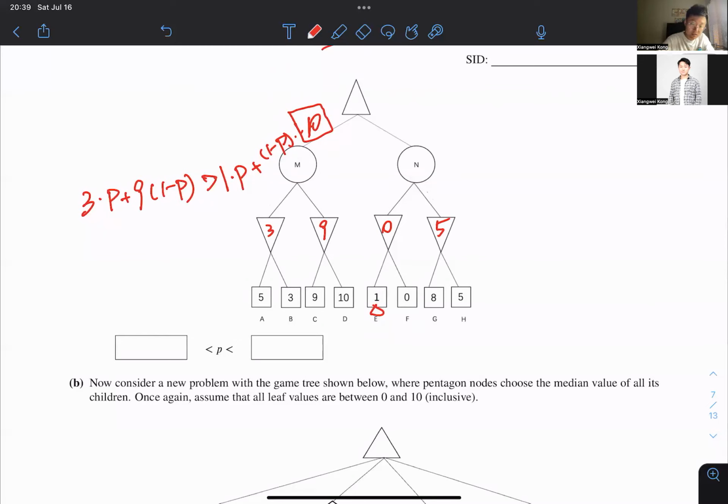Just solving this inequality, we get 9 minus 6P is larger than minus 9P plus 10, and 3P larger than 1, so P larger than 1/3. This is 1/3, and P is a probability, so it should be less than 1. And this will be our result.